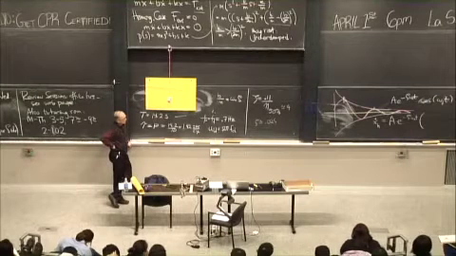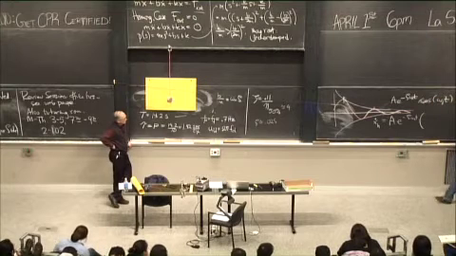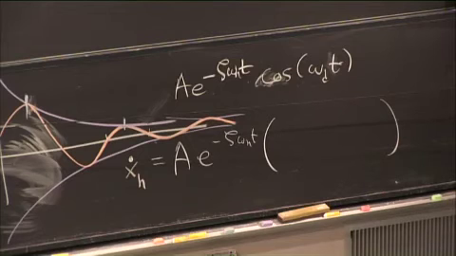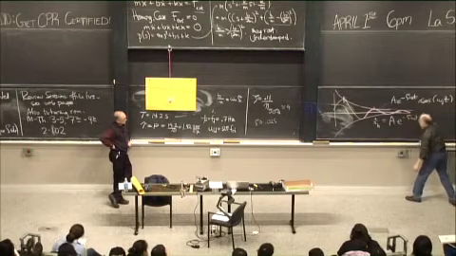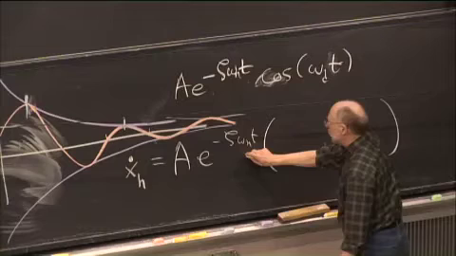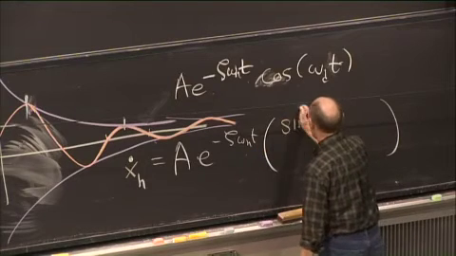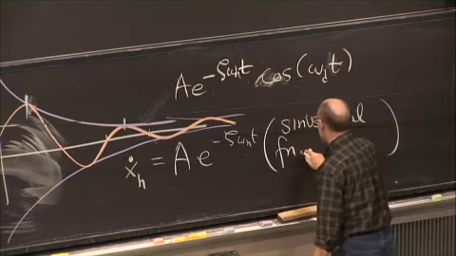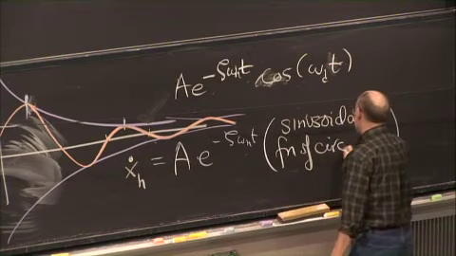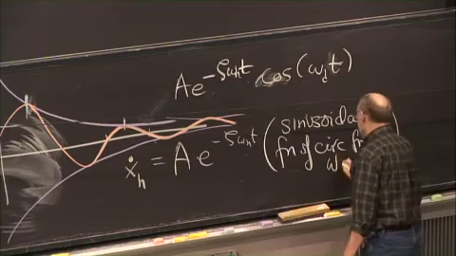And we know that when you take a linear combination of sinusoidal functions of a fixed circular frequency, you just get another thing of the same type. So without actually doing the calculation, you know that x dot is this exponential times some sinusoidal function of circular frequency omega d.